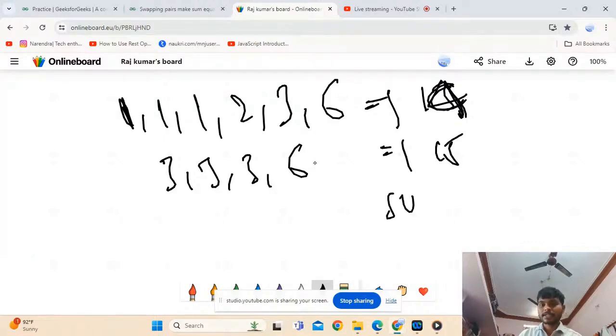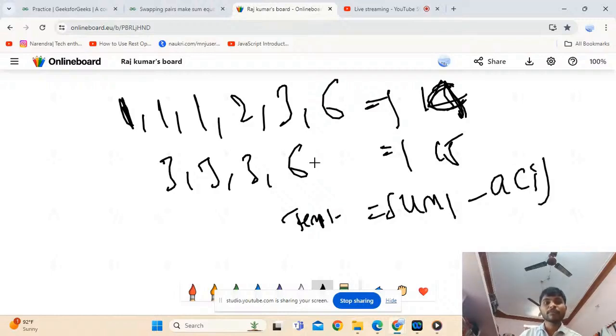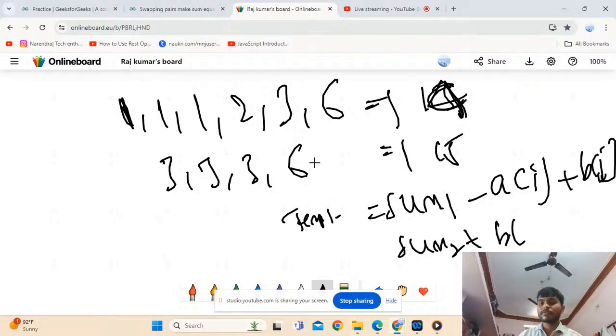So here temporary sum 1 is equal to sum 1 minus a of I. We are swapping, we are removing one element, a of I, and we are adding some other element. And in sum 2, what I am doing is b of j, and I am subtracting a of I. A of I means here we are adding from this.